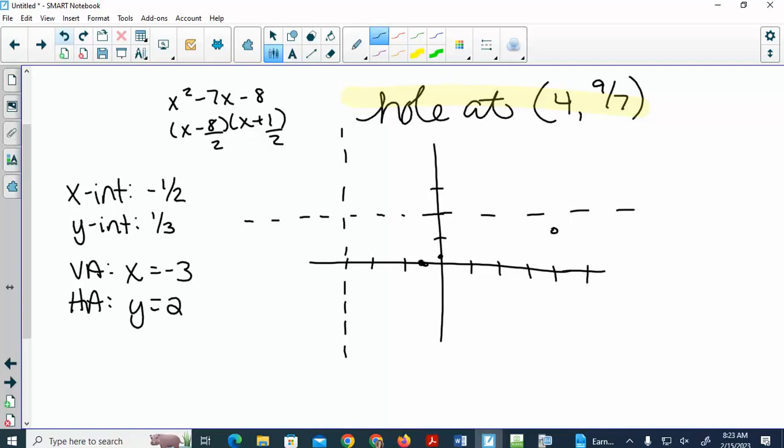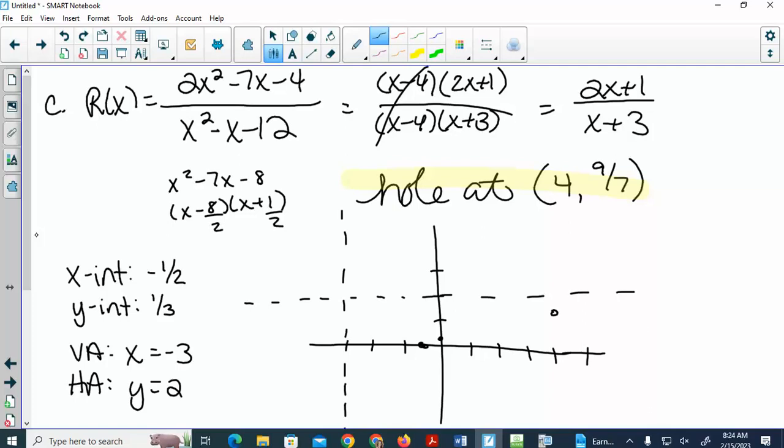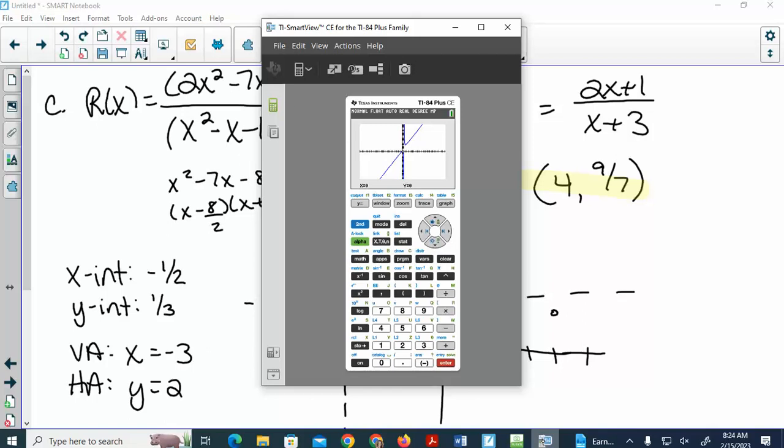That's 1.2-something. Okay. So then you go to your calculator. Again, it doesn't matter if you put in the original or not, so I'll just go with this. We had 2x squared minus 7x minus 4 over x squared minus x minus 12.